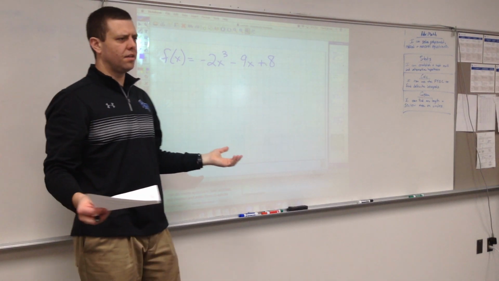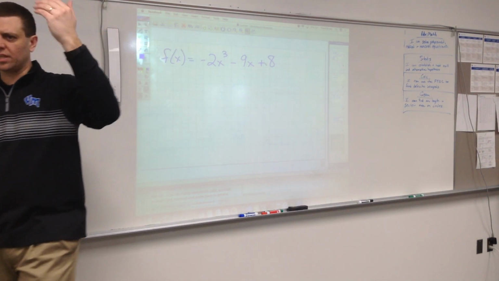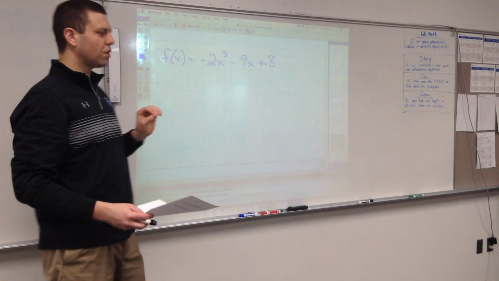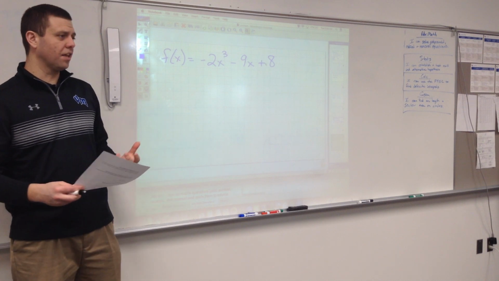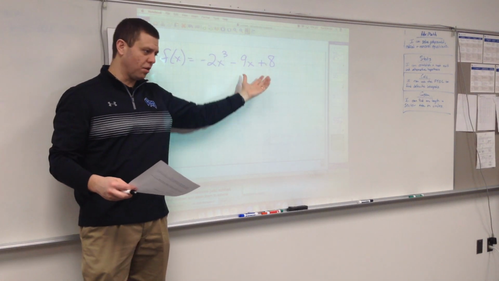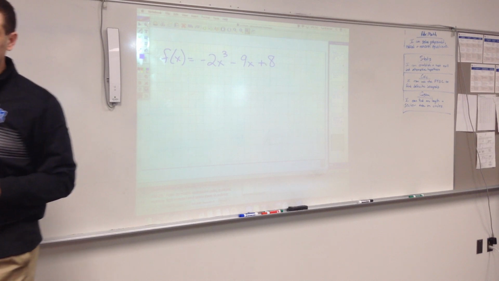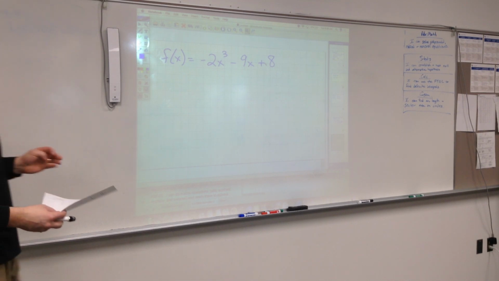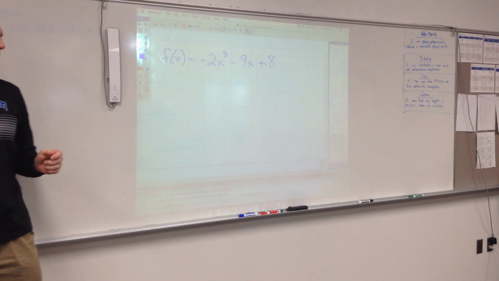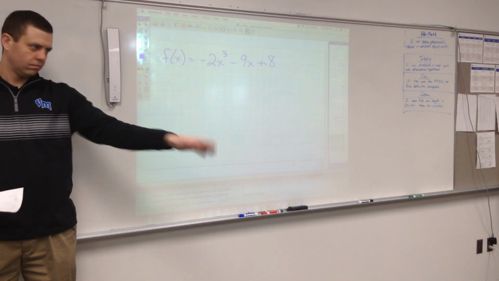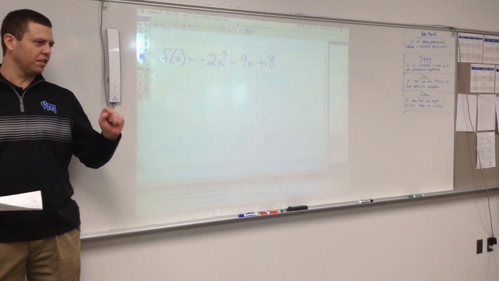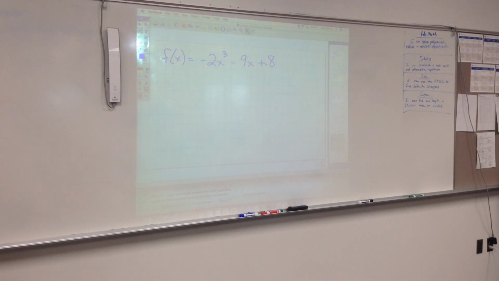How can you tell? The highest exponent, it's the highest power. Because its degree is 3, what name could you give it? Cubic. So if you want to put it all together, you could call it a cubic trinomial. What's the leading coefficient? -2. What is the constant? 8. Name for me all of the coefficients. -2 and -9. 8 is not a coefficient, it is a constant. Okay?